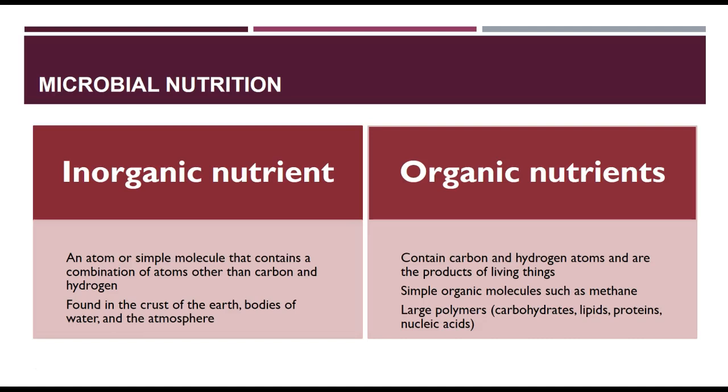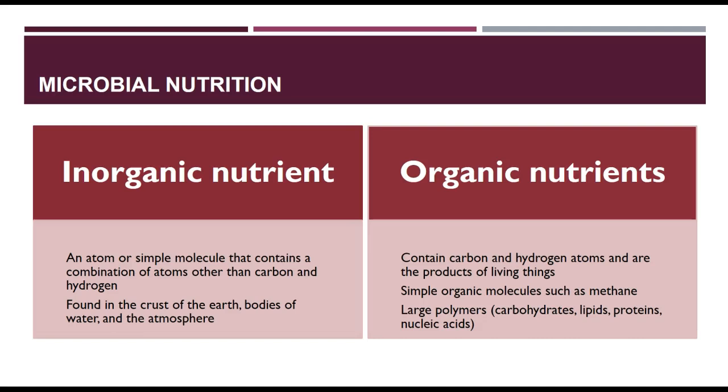They are elements of the Earth's crust, water, the atmosphere. Carbon dioxide is considered an inorganic nutrient. So these are atoms and simple molecules that contain combinations of atoms other than carbon and hydrogen.